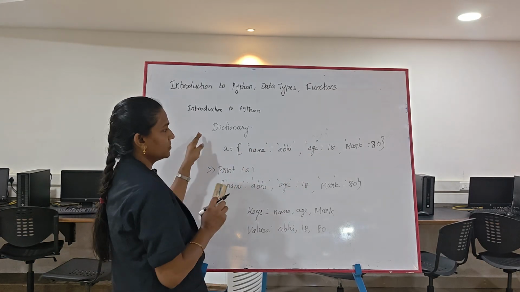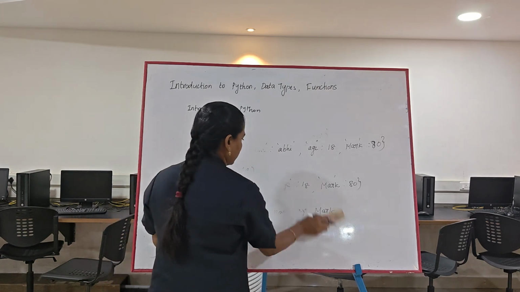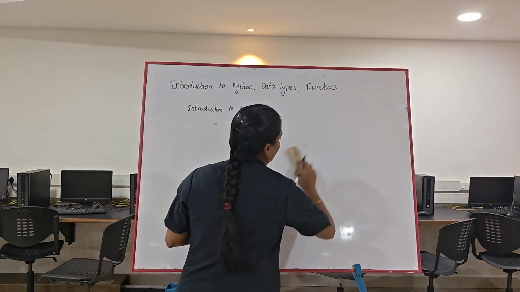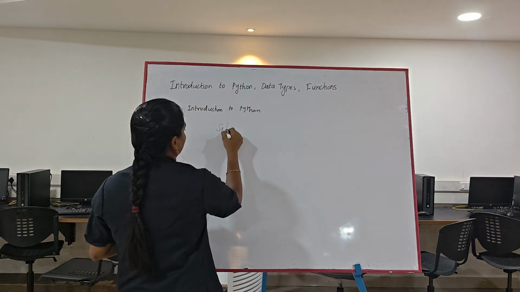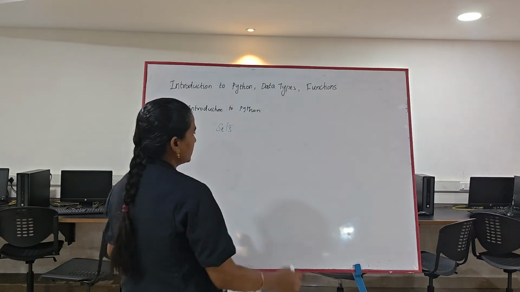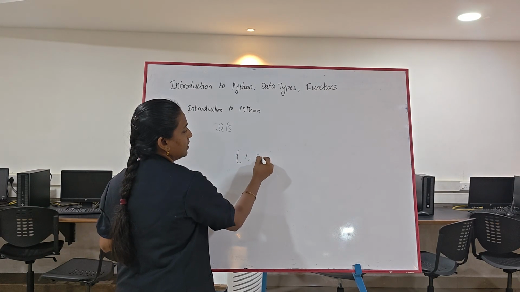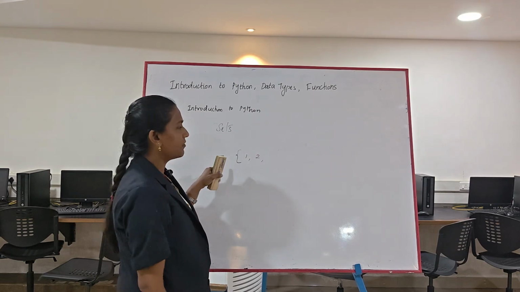Next one, sets. For sets, we give the elements in curly braces and the elements are separated by commas. It doesn't contain any duplicate values.